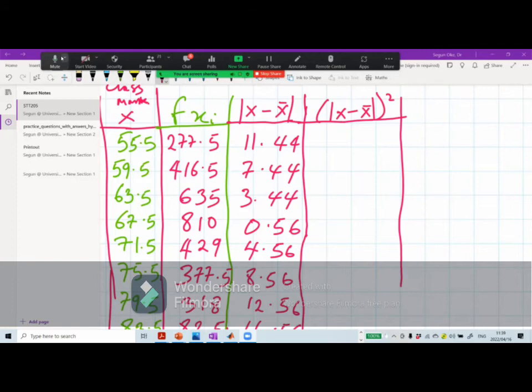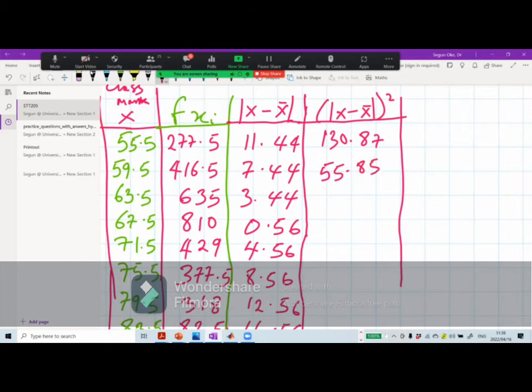11.44 squared is what? 130.87. That's one. The next, 55.35.